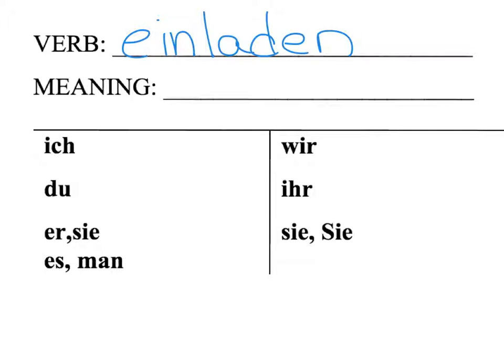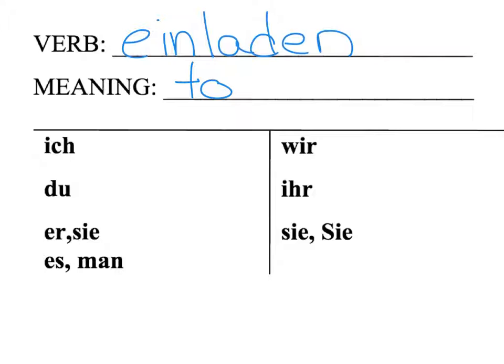That's fine. Okay. What does this one mean? I've seen this one before too. You didn't have it? You had it last chapter. Maybe a hint. It starts with to. Bitte. To invite.